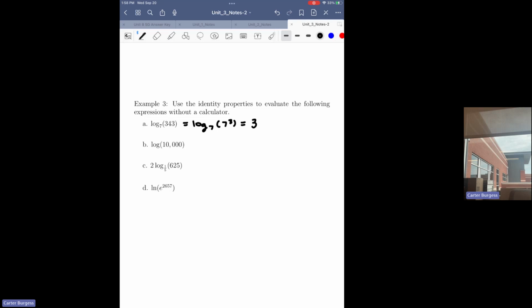So this piece is equal to negative 4. 2 times this piece would be equal to negative 4. You just multiply them after the fact. Yeah, exactly. Okay, perfect.